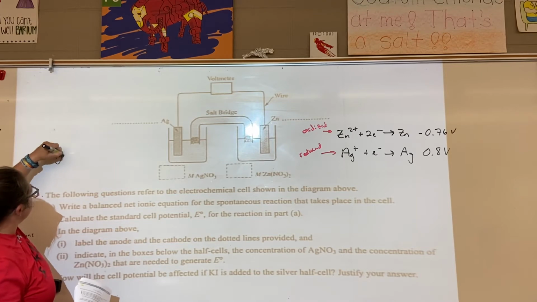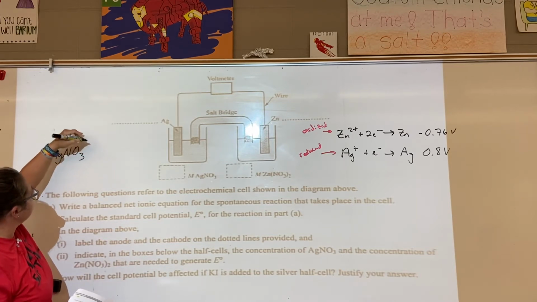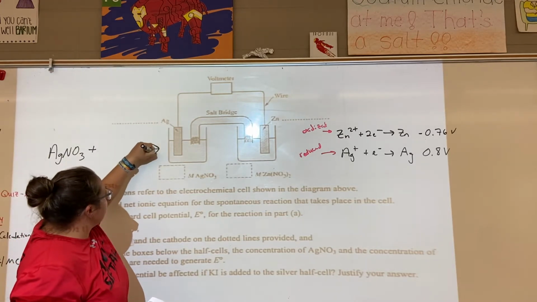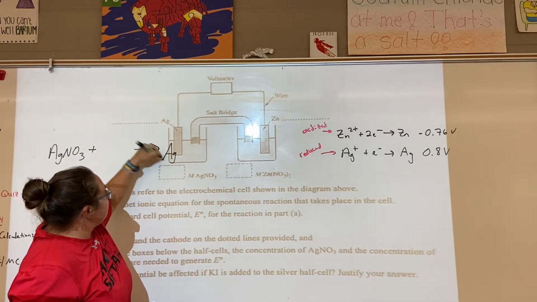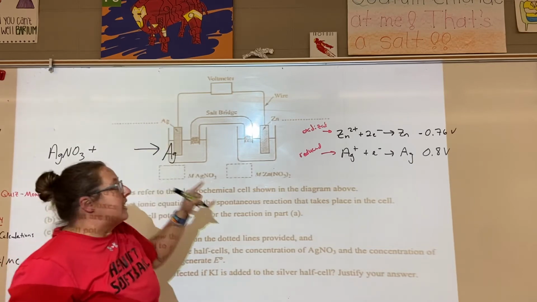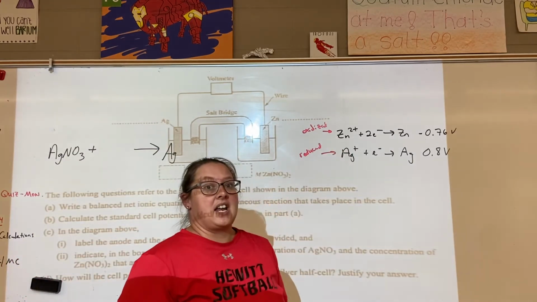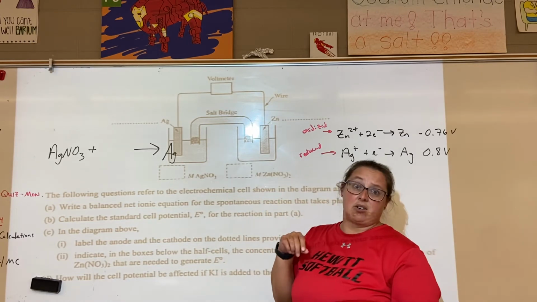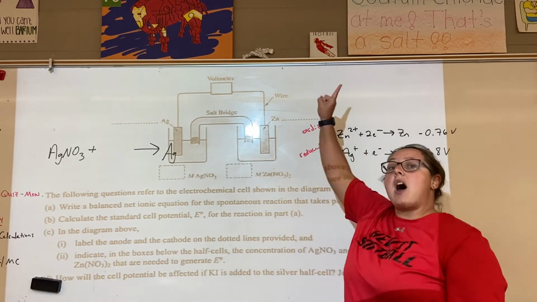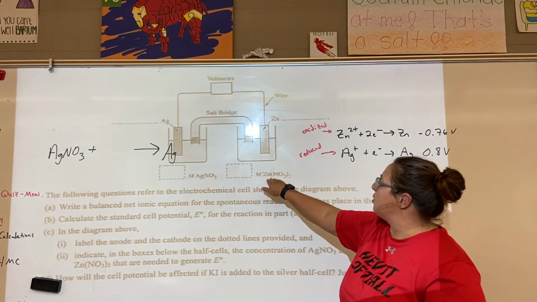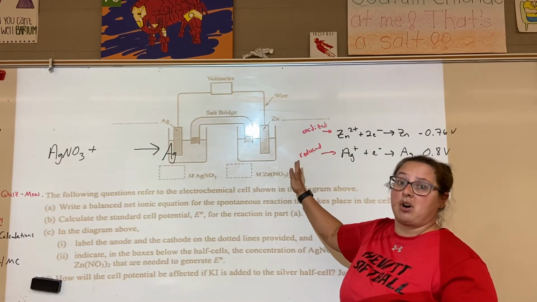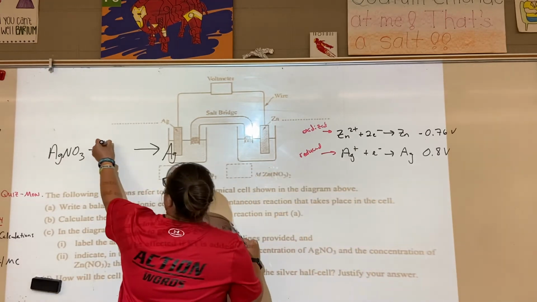So I'm going to have AgNO3 plus, and that's going to yield Ag solid, okay? Now, because zinc is oxidized, I want to start as the solid because that's a zero oxidation state and go up in charge. So I'm going to go to the solution, which is where my charge comes from, as my product. So it's going to look like this.